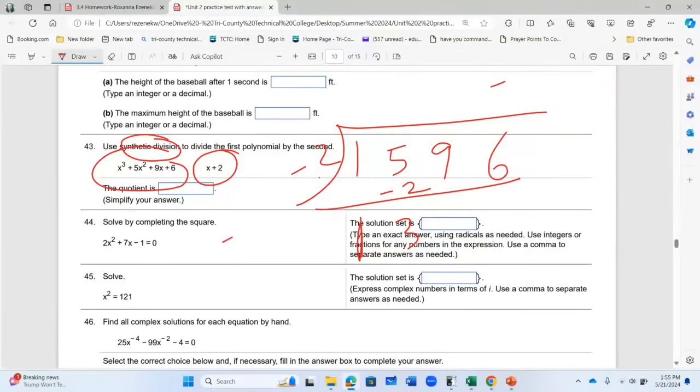Negative 2 times 3 is negative 6. Add that negative 6 here. 9 plus negative 6 is 3. Negative 2 times 3 is negative 6. Add that negative 6 here. If you add it up, you see 0. So the remainder here is 0.